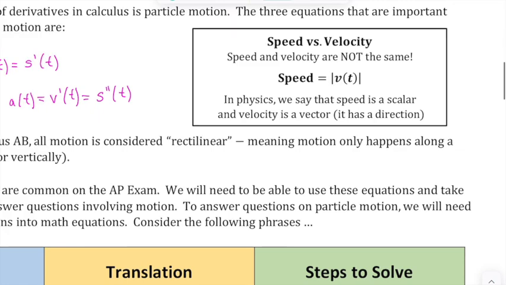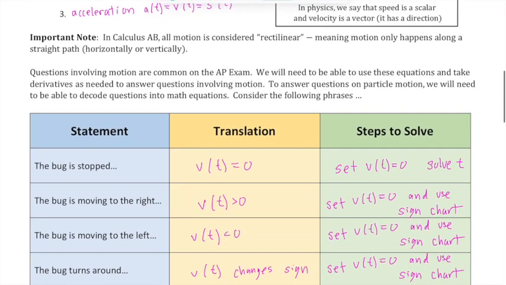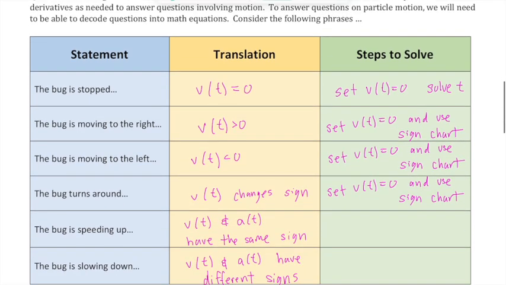And then just a few notes, all motion is rectilinear, which just means it goes in a single direction, horizontal or vertically, usually. Okay, so when you're reading these types of problems, I tried to make this chart for it so you can break it down a little easier.